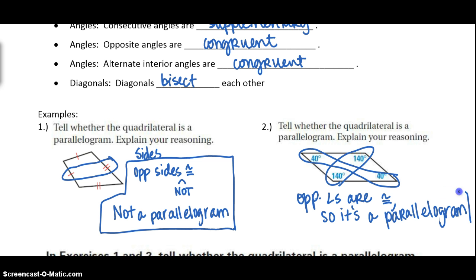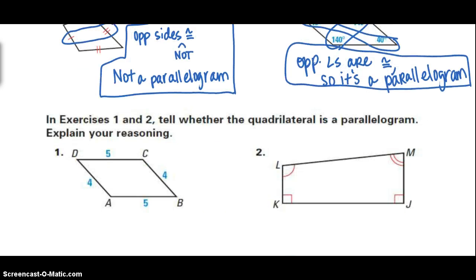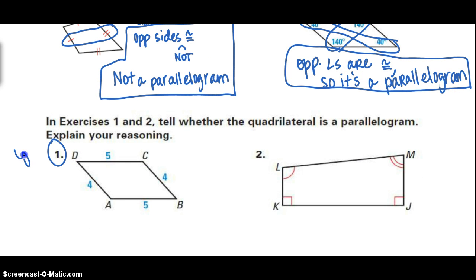You have to give the explanation: opposite angles are congruent, so it is a parallelogram. With that being said, I'm going to have you try number one and number two, and make sure you explain your reasoning.